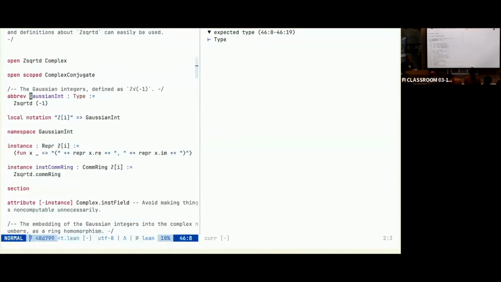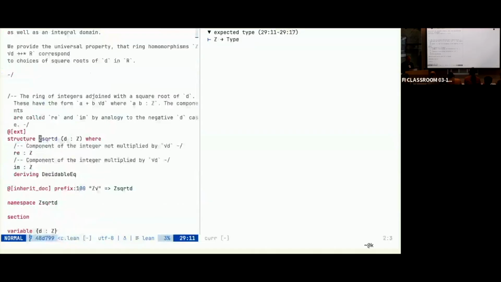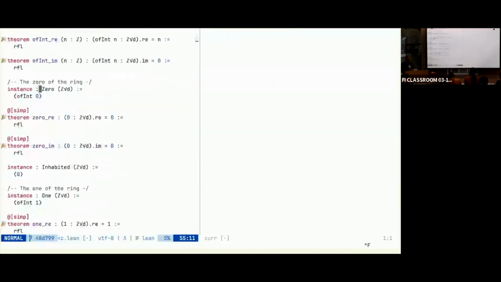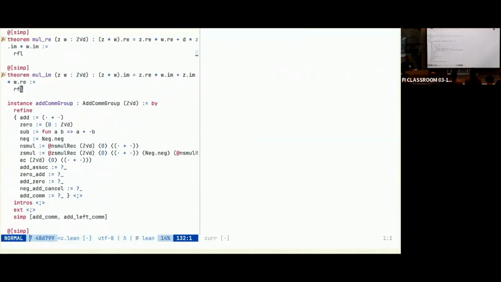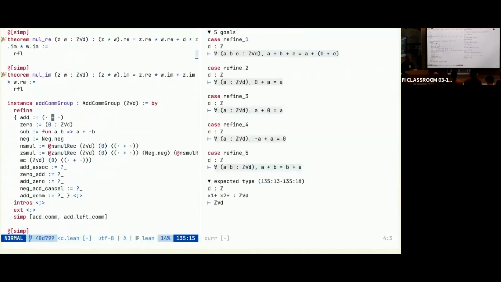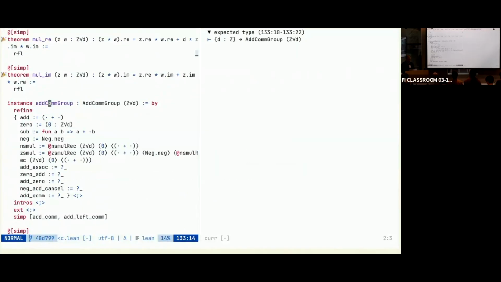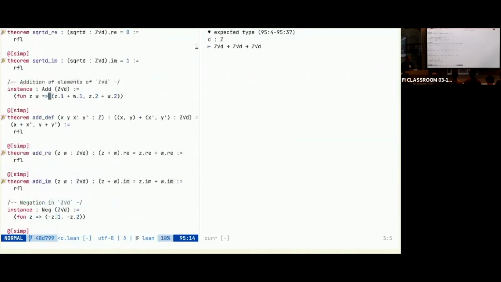So now I go again to square root d, and if I go later on, here there is an instance, something that Lynn will remember forever, that it is a not congruent. So sorry, so the plus has been defined somewhere else. Where is it? I missed it. Oh, okay, here.